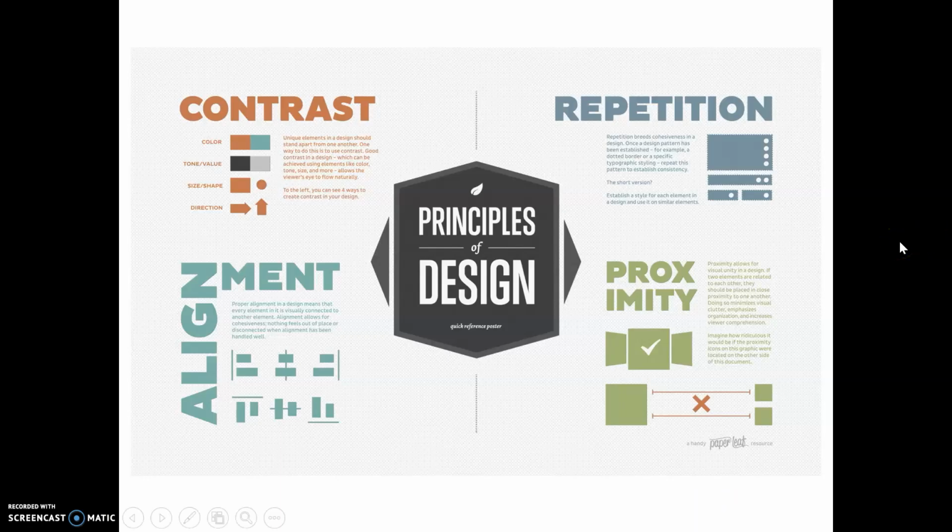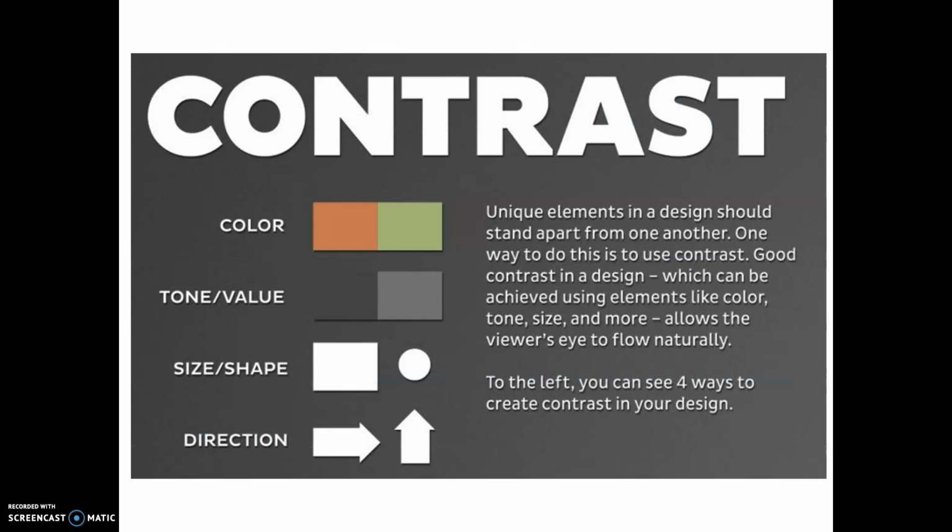And the first thing that I wanted to talk about are the principles of design. The acronym is CRAP, C-R-A-P. I know it sounds terrible, but it's the easiest way to remember it. And the four principles are contrast, repetition, alignment, and proximity. So C-R-A-P. So we're going to start with contrast.